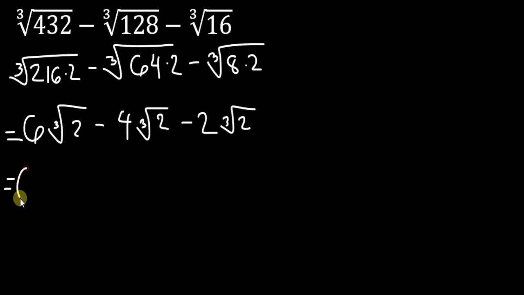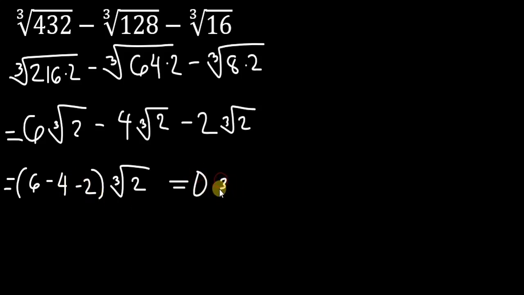So, 6 minus 4 minus 2 times the cube root of 2. And that is equal to 6 minus 4, 2. 2 minus 2, 0. And 0 times cube root of 2, that is 0.